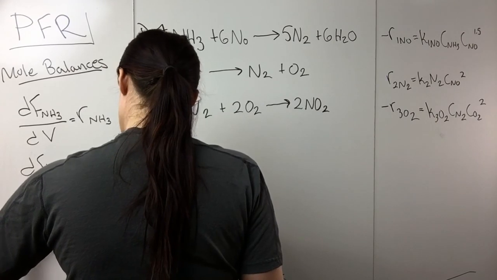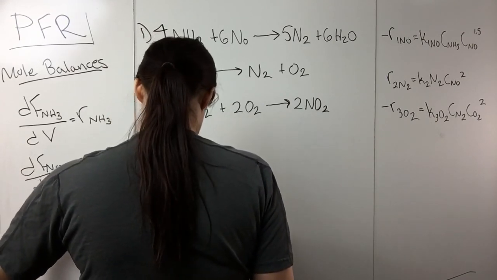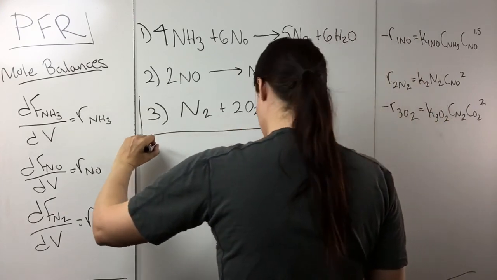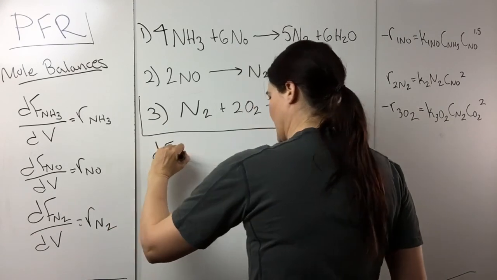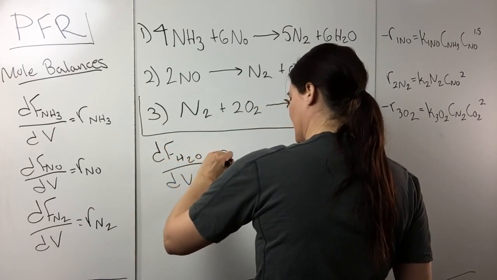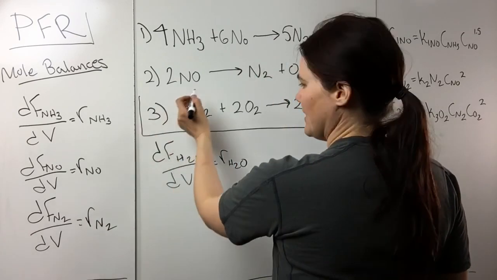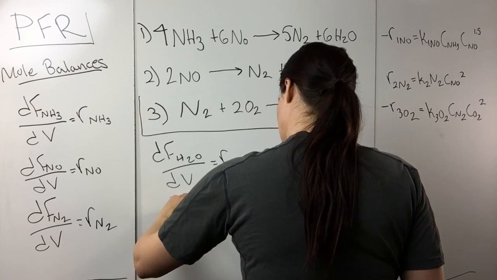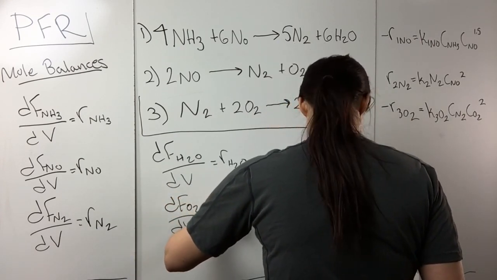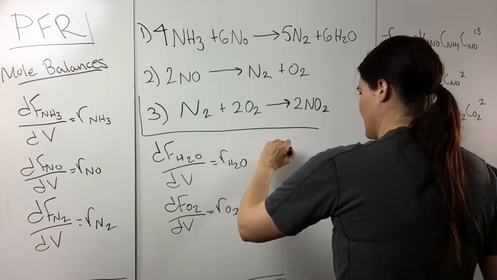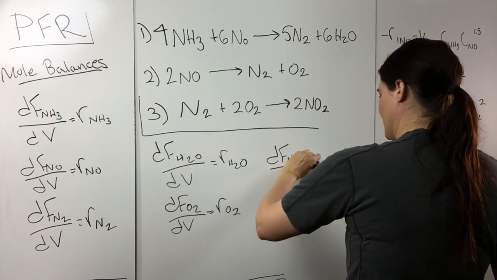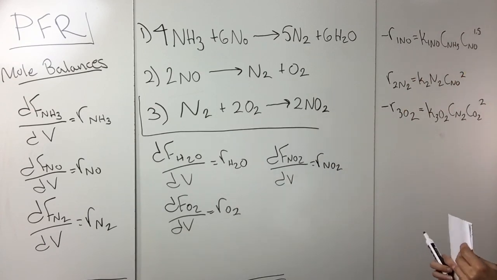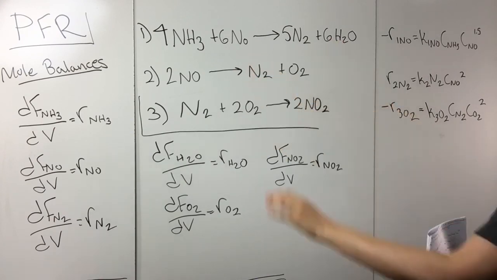We need N2: dF_N2/dV is equal to r_N2. dF_H2O/dV is equal to r_H2O. We've got NO, N2, we need O2: dF_O2/dV is equal to r_O2, and then NO2: dF_NO2/dV is equal to r_NO2. So these are your mole balances for this series of reactions.